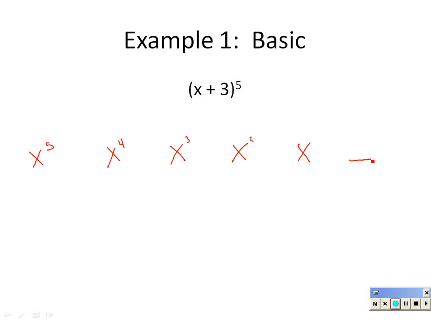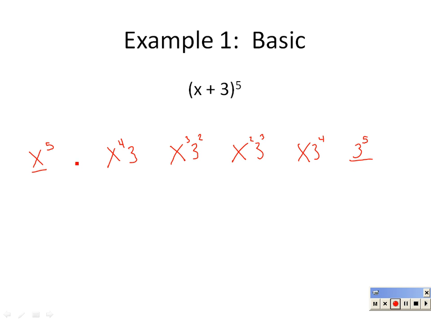We're going to leave a blank there because we are going to be doing the same thing now with the 3, but going in the opposite direction. So the second term will start back here as 3 to the 5th power, and then 3 to the 4th power, 3 to the 3rd, 3 to the 2nd, 3 to the 1st power, and then no 3 at all.